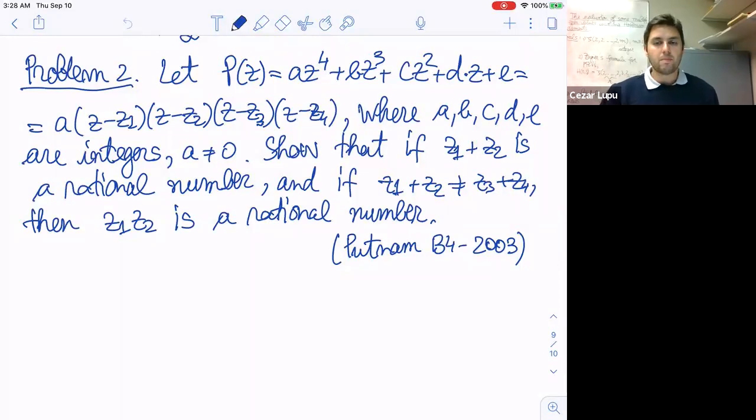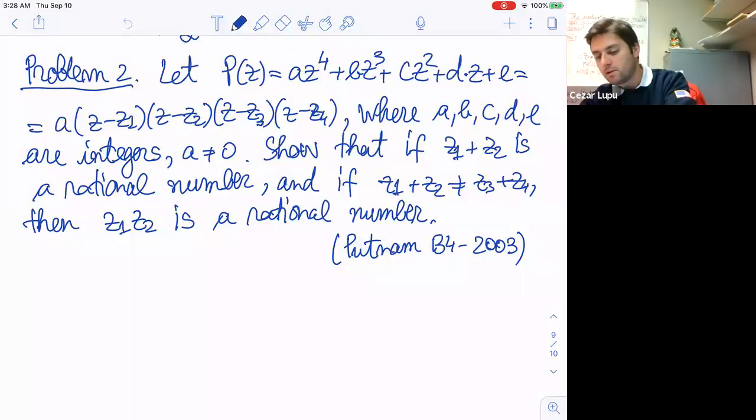This is problem B4 from 2003. And let me remind you that this problem reads as follows. So we have a polynomial of degree 4. As you can see, it's written in this way: az to the 4th plus bz cubed plus cz squared plus dz plus e.